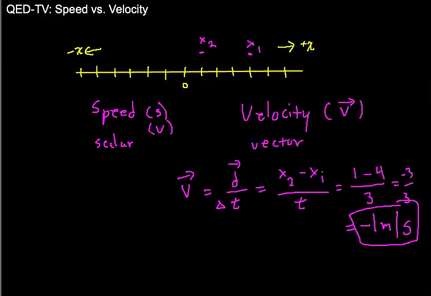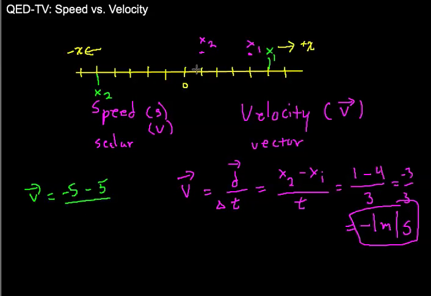Let's do another one. Let's say this is position 1 right here, and over here is position 2. So my velocity vector would equal position 2, which is 1, 2, 3, 4, 5, -5, minus my starting position, 1, 2, 3, 4, 5, so minus a +5, all over, let's say, 2 seconds.